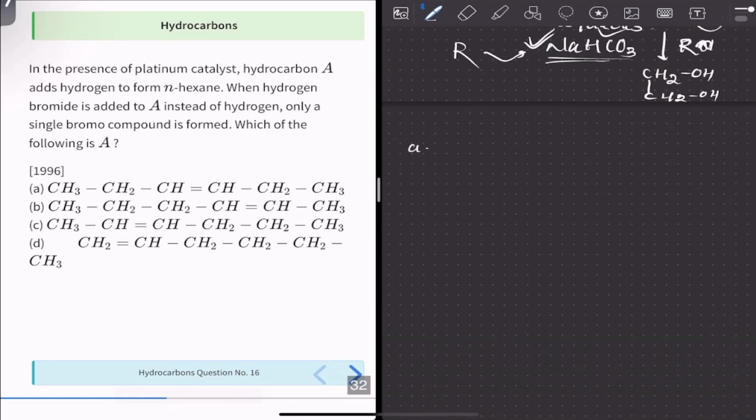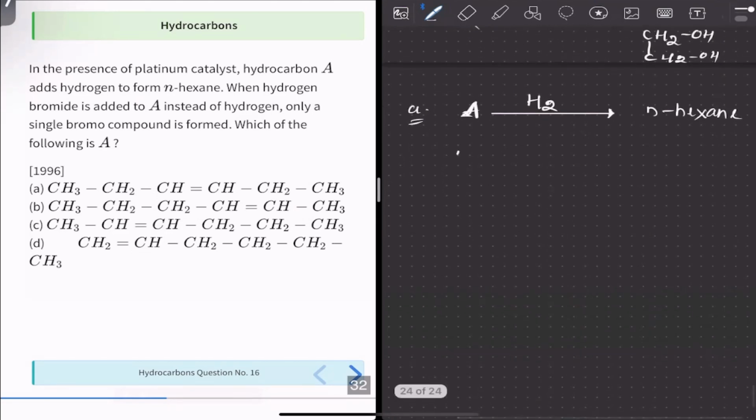For compound A, if we hydrogenate it, it will form n-hexane. But if we add HBr to it, it will form only one product.